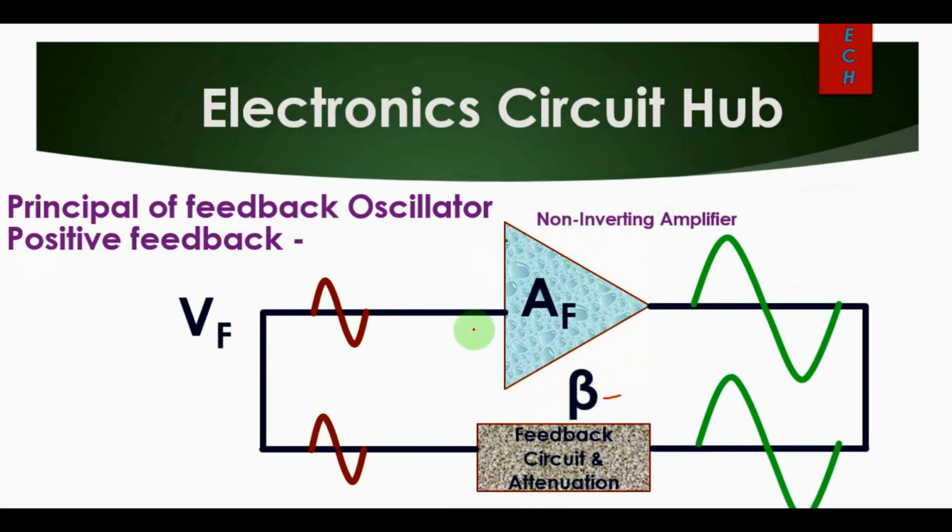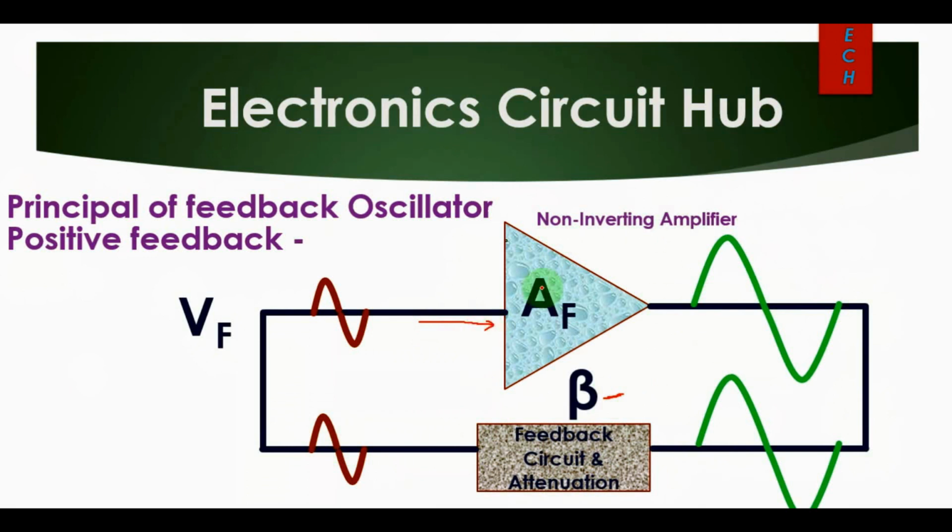So in positive feedback, the output of this non-inverting amplifier is fed back to the feedback circuit, and this output is attenuated by the factor beta, and then it is again fed back to the input of this non-inverting amplifier.